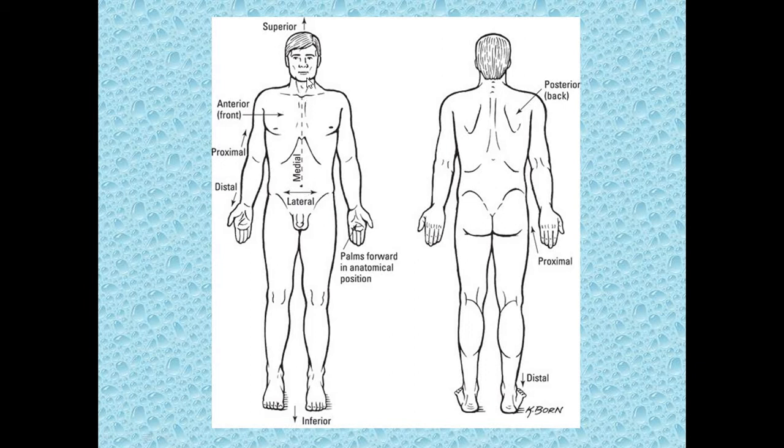Here we can see the median line and here we can see the median line too. Proximal part of upper limbs and distal part of upper limbs. Here we can see proximal part of lower limbs and distal part of lower limbs.